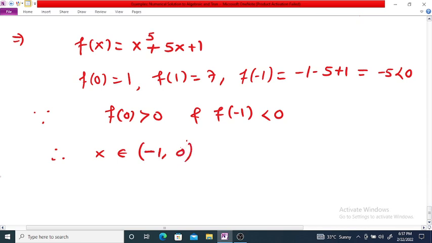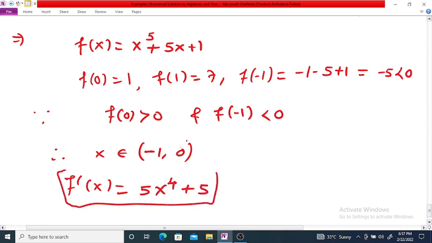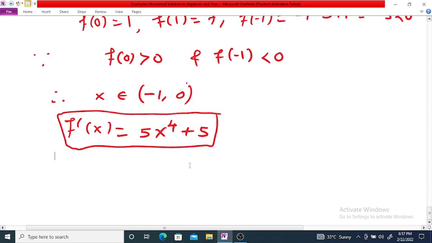So our next step, we want to determine f dash x. F dash x is equal to 5x raised to 4 plus 5. So this is the value of f dash x, and the root lies in the interval minus 1 to 0. Now we want to select x0. For step first, we select x0 as the mid value of this interval, so minus 0.5.